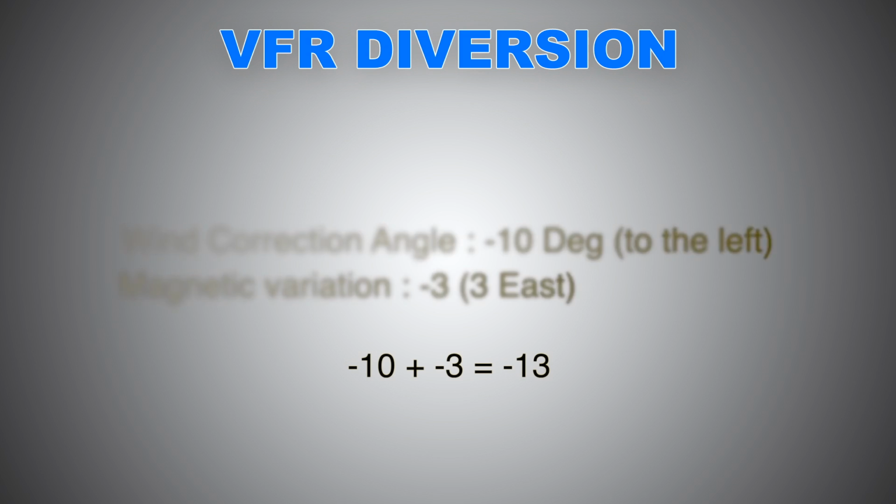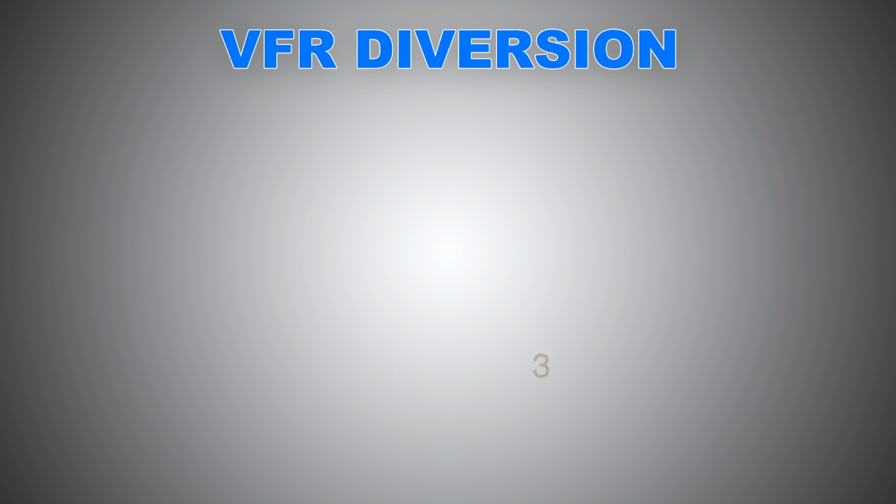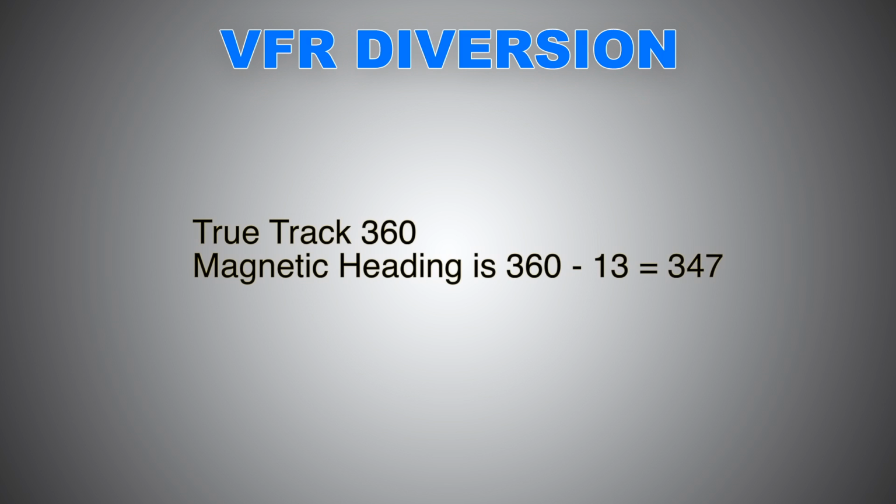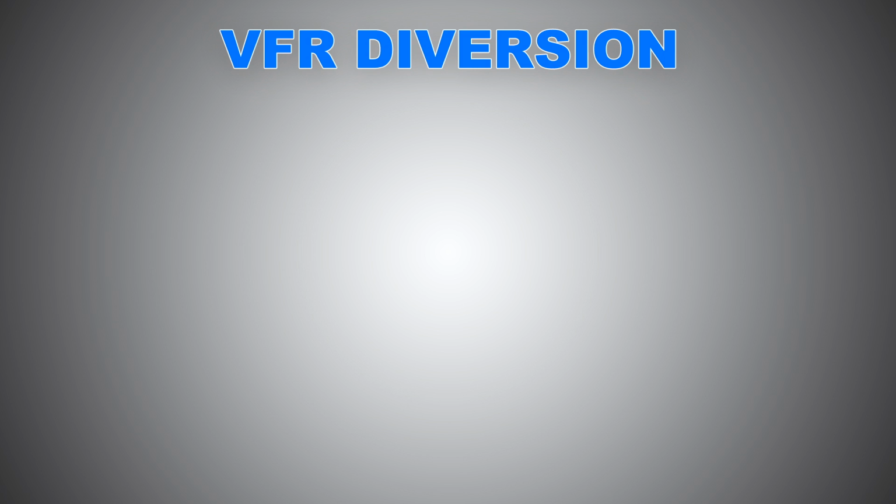If you happen to have a northerly track of 360, then your magnetic heading, which will take you to your destination, is 347, which is 360, true track, -13, which is a combination of the wind correction angle and the magnetic variation. Alright? Now, whether you prefer using the CRP5, E6B, or an app, the result will be the same.